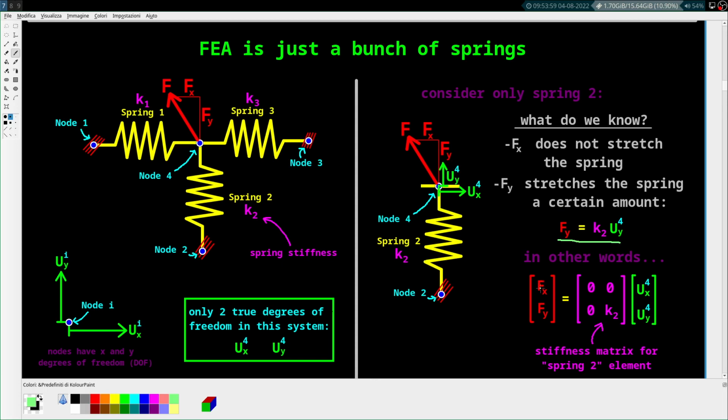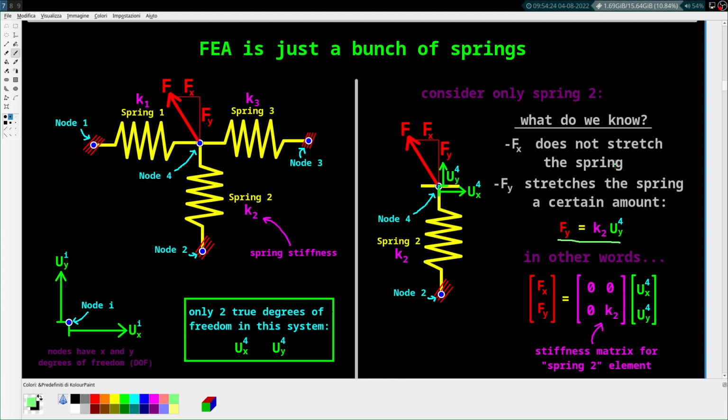And you can plug that into this matrix equation here with the F's on the left, the U's on the right, and the matrix in the middle. And so this is the spring 2 element stiffness matrix. You can see that row 1 times column 1 has nothing to do with Fx. And for Fy, only the Uy is multiplied by the constant, just as in the equation.